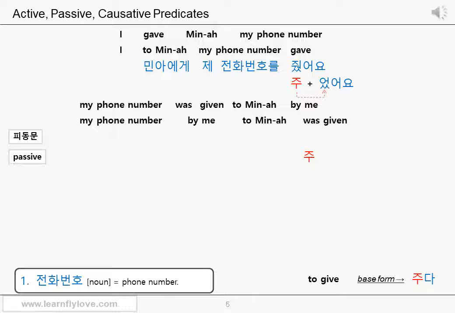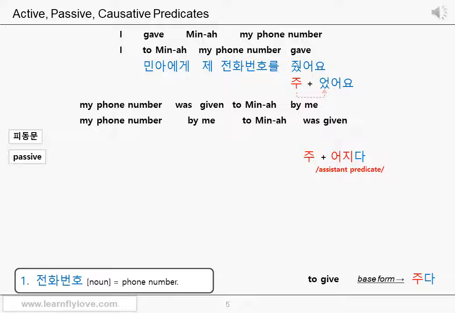You should use the assistant predicate 어지다 this time. Finally. Again, when you make the passive form of the verb 주다, to give, you don't use any affix. You should add the assistant predicate 어지다. Why? There's no reason. That's what makes us crazy, and that is the point. You have to just memorize it.